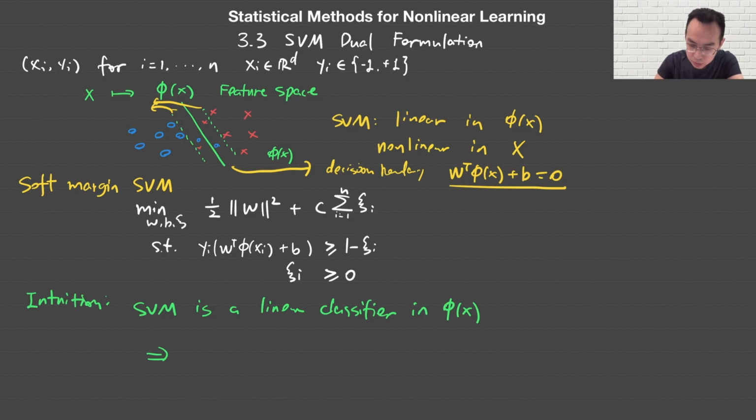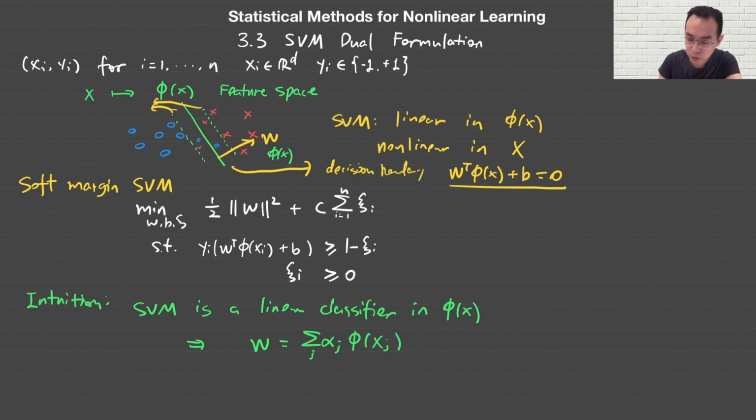It means that our weight vector W is a linear combination of all the training data, because it lives in the same space. It means that W equals a linear combination of all the data points. I'm going to use a different subscript j here. So geometrically, this is our W vector. It is perpendicular to the decision boundary. So that is the key intuition here.